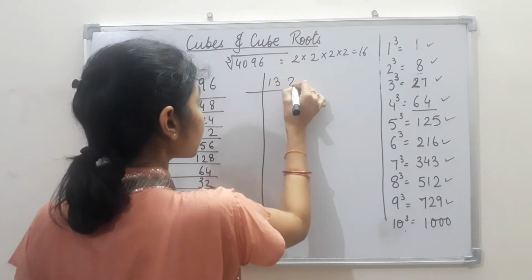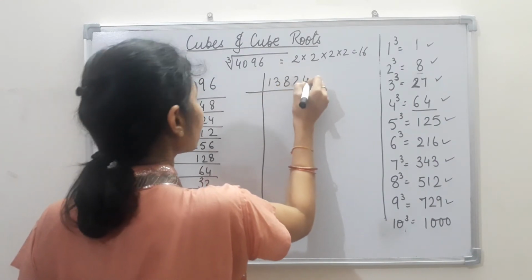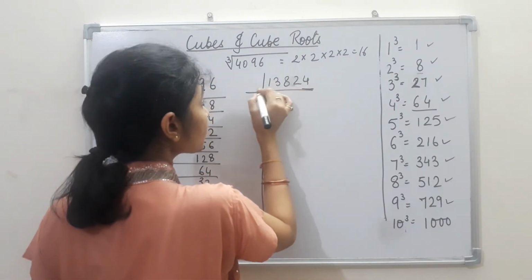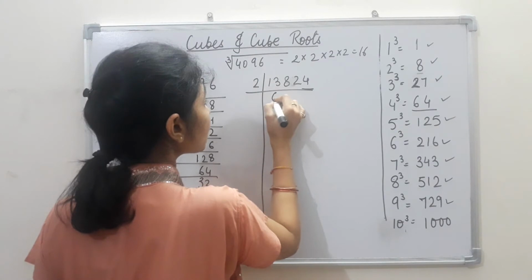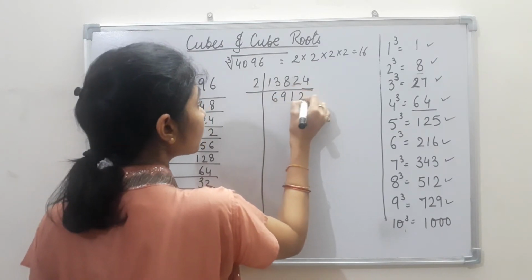13,824. Okay, now again it is an even number here, so we will start with 2, 2, 6, 9, and 1, 2.